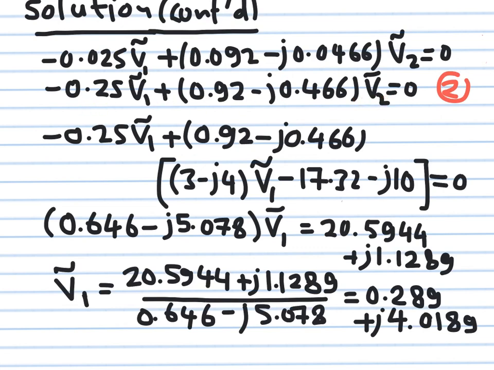I could have written the two equations in a matrix form, and used any program like MATLAB or my calculator to solve a complex system of equations in two unknowns. But what I did here, I removed V2 and replaced it from equation 1 by the expression we derived earlier, V2 equals (3 minus j4) V1 minus (17.32 minus j10).